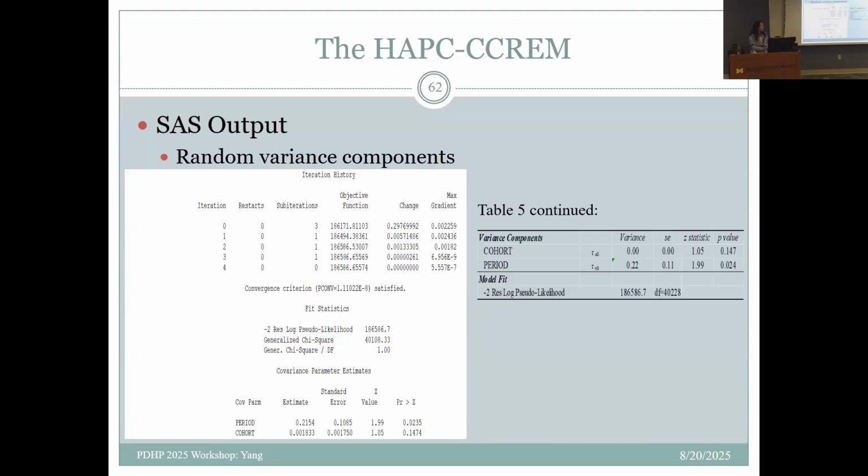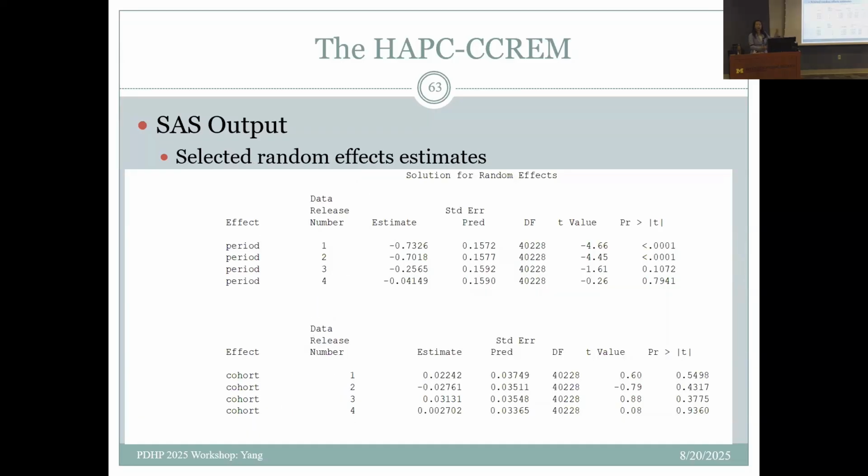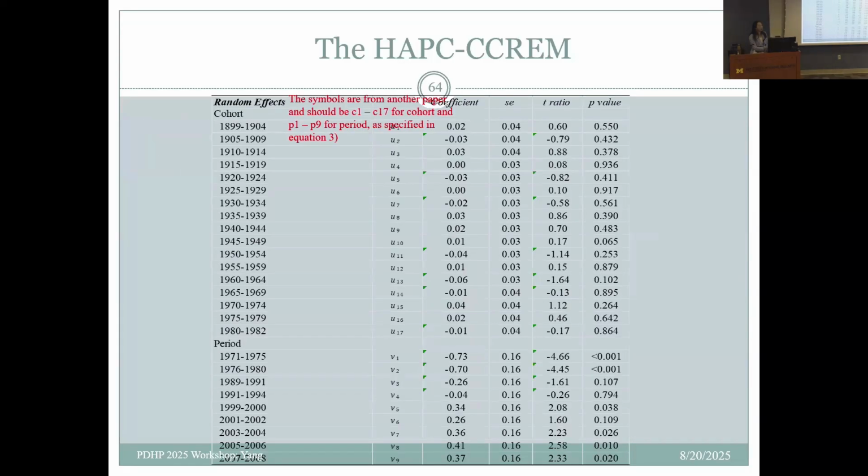And then, when you request the solution, it prints out the actual random coefficient estimates for you. Here's a screenshot of just the top 4 of those for each period and cohort. There's the rest that I didn't print out. It's a lot. So this goes to show what they look like in the output here. And I copy all of them into a table.